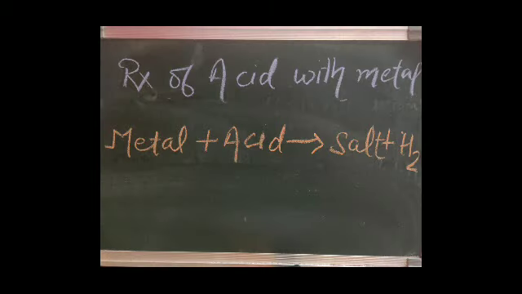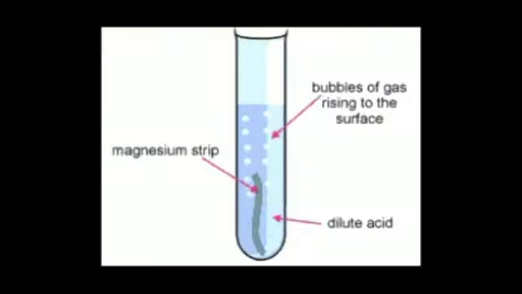So let's begin with the reaction of acid with metals. In general, when metals react with acid, they produce salt and hydrogen gas. As you can see in this reaction, a magnesium strip is present inside an acid.